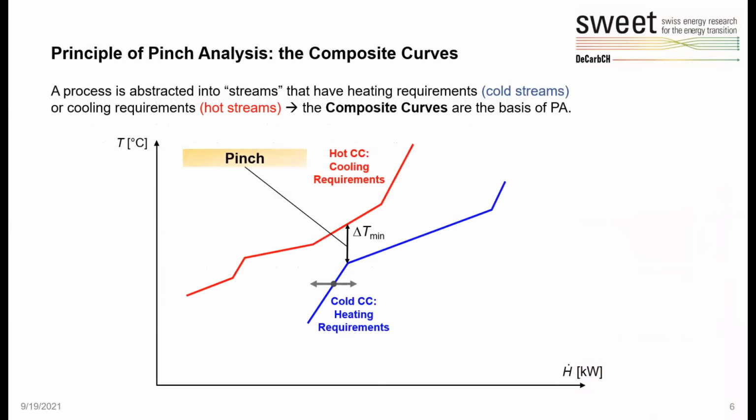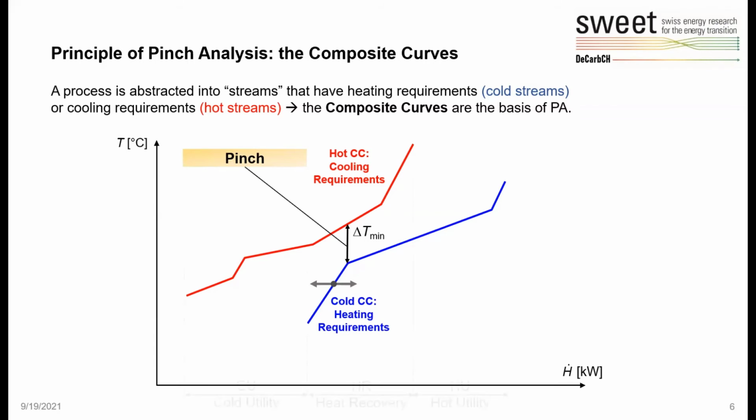On this slide is shown the basis of pinch analyses, the composite curves. As shown here, it consists of two composite curves, a red and a blue curve representing the cooling demand and the heating demand of the entire system.